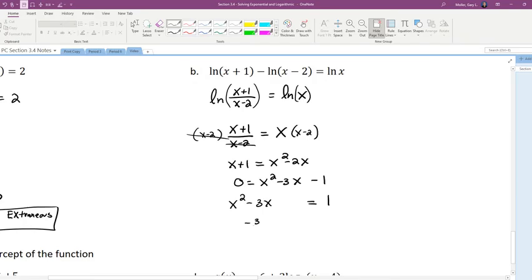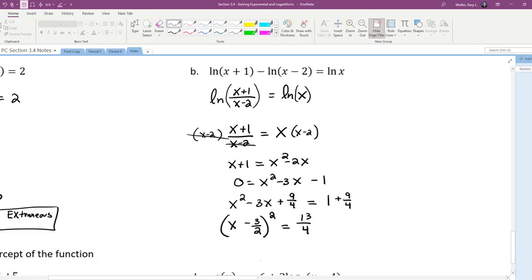Half of 3 is 3 halves, so I'm going to square that. So I'm adding in a 9/4, and I'm going to add 9/4 to the other side as well. So that gives me (x - 3/2) squared equals, let's see, 4/4 plus 9/4 is 13/4.